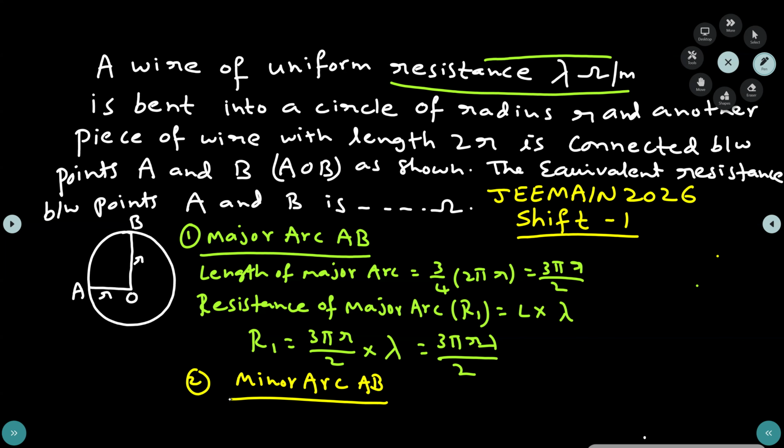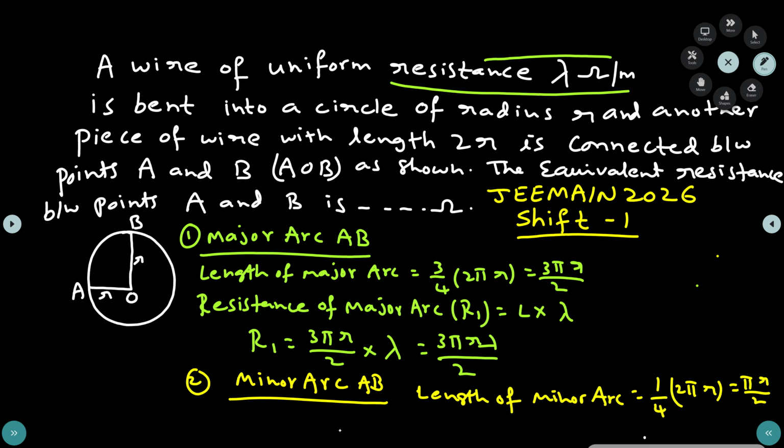Major arc also A to B, minor also A to B. So the length of the minor arc is 1 by 4th of the circumference of the circle, which is 2 pi r. You can write it as pi r by 2.